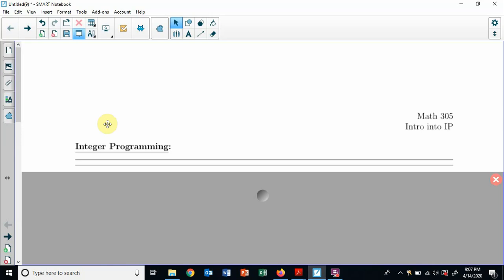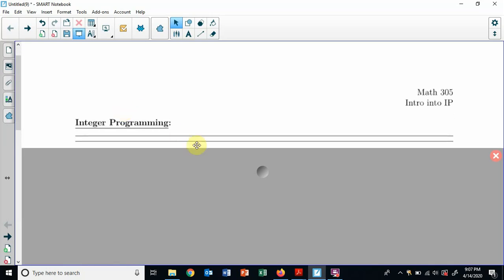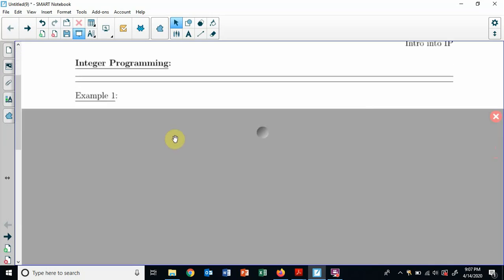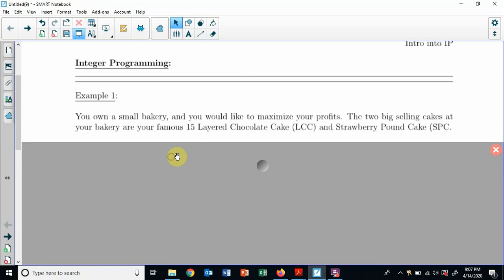So here's some integer programming, just a brief intro. Nothing super deep. So let's start with an example problem. Let's say you own a small bakery and you'd like to maximize your profits. Your two biggest selling cakes are your famous 15-layer chocolate cake, I'll call it LCC, and your strawberry pound cake.